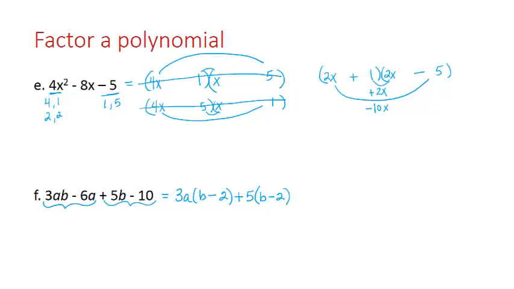So this is not yet factored because there's a sum, but now notice that I have a common factor in each of those terms, and so we can factor that b minus 2 out. If I take a b minus 2 out of the first term, that just leaves a 3a. A b minus 2 out of the second term is going to leave a plus 5.